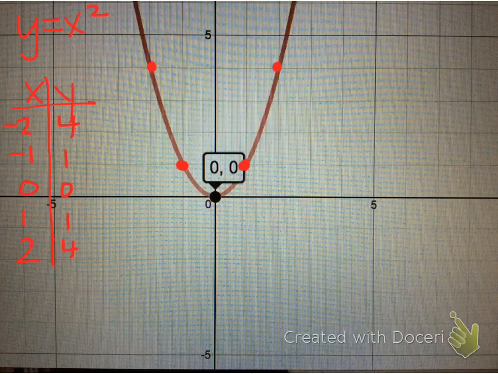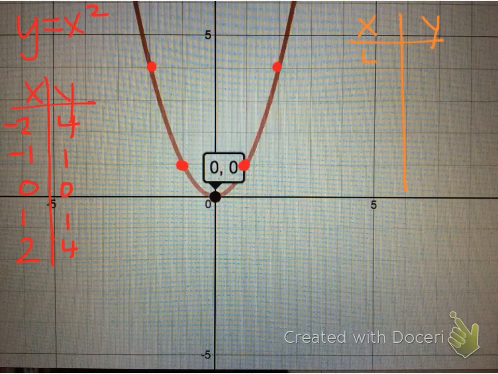Okay, so now I wrote a chart for the original function. So now I'm going to switch all the x and y points, and I'm going to then plot those points and draw the graph of our inverse. So if I were to make an xy chart and switch all the x and y values, it will look like this.